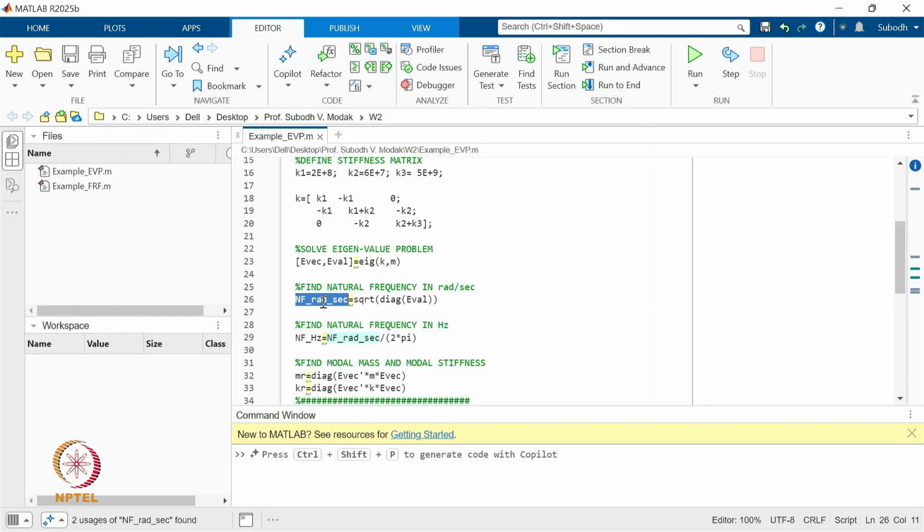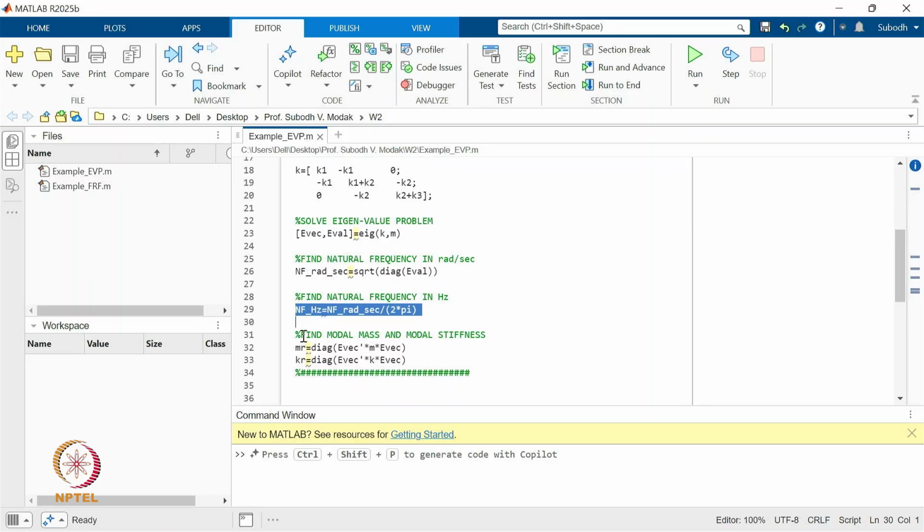So this vector contains all the natural frequencies in radian per second. Then, with the next statement, I am converting these natural frequencies to hertz: I am dividing the natural frequency vector by 2 pi to get the frequency in hertz. So this solves the eigenvalue problem, and we get the eigenvectors, eigenvalues and the natural frequencies.